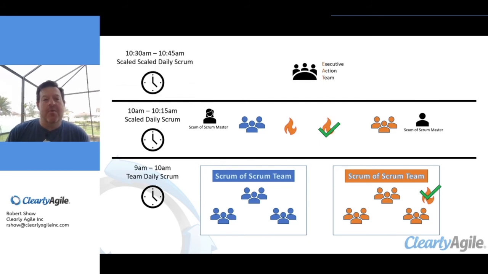So what happens to the other one? Well, at 10:30 to 10:45 in this model, we have the executive action team, or leadership team, involved, there to really help grease the wheels on getting those impediments cleared. They are there to be the ultimate empowerment for getting something that's blocking the team going again, if the team and the Scaled Daily Scrum can't get it resolved. Here we see the Scrum of Scrums Masters representing in that meeting, and we also see the impediment that couldn't get resolved at the lower levels.